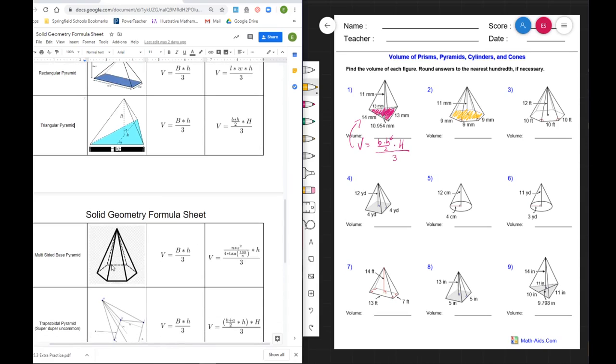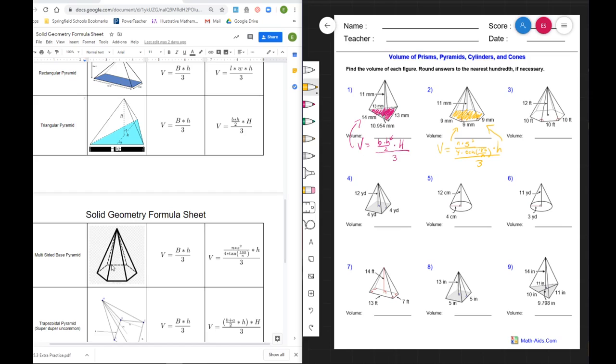Our formula is volume equals the number of sides of our base times the length of the sides of our base squared, divided by 4 times tangent of 180 degrees divided by the number of sides, times the height of our pyramid divided by 3. That's the formula we would use to plug in and get our answer. We're going to hold off on finding the actual answer. We're just matching this formula with this shape.